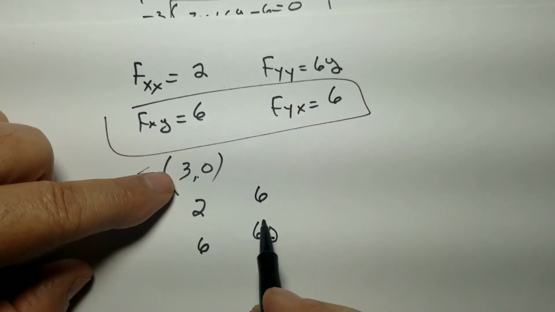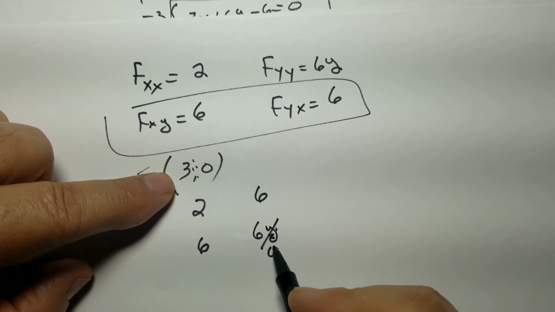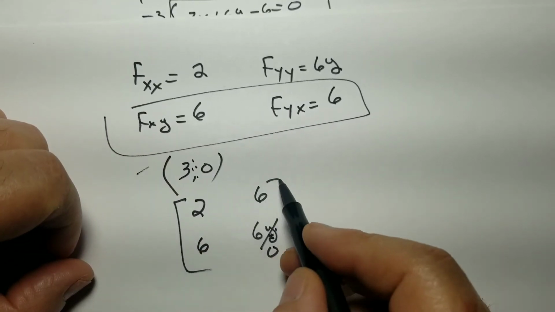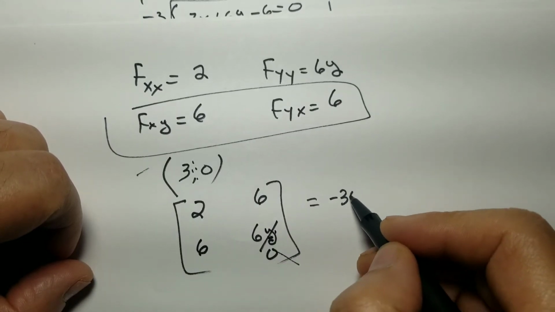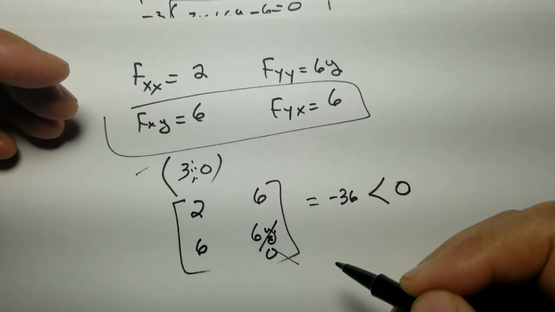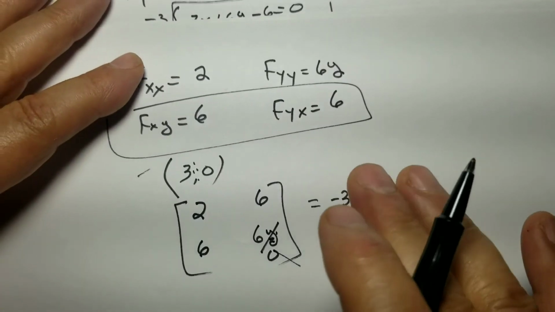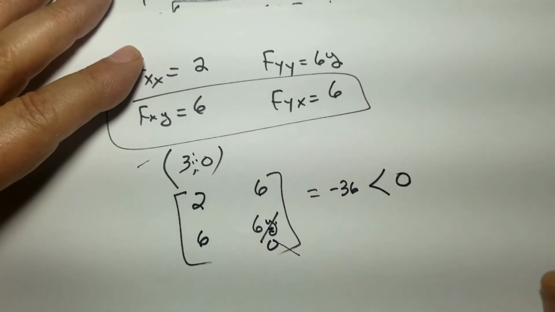I'm going to do this one for 3 and 0. And what happens, 6 times 0? 6 times 0, make it a 0. And what is the determinant right here? 0 minus a 36. Oh, that's less than 0. Don't waste your time. The D is not positive and it's not 0. If it was 0, then it becomes inconclusive.